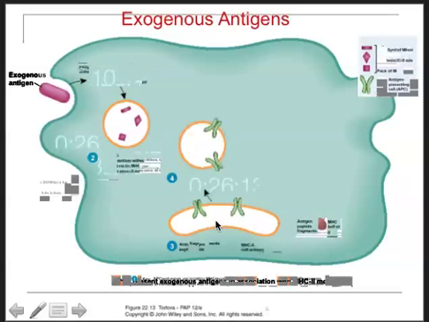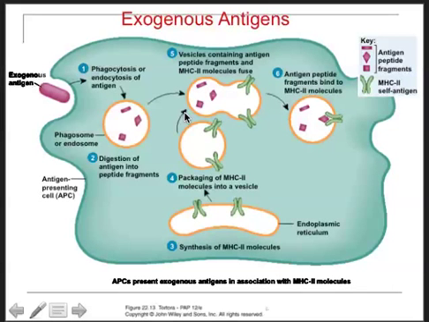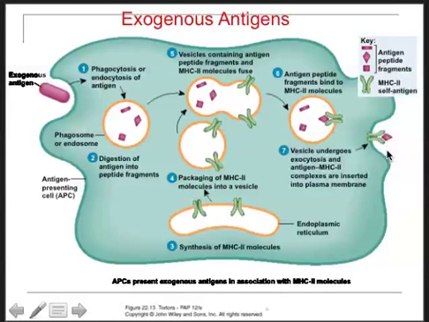We then fuse the MHC molecules with the digested peptide fragments, and then this whole complex is going to be moved towards the cell membrane, where the MHC complex and the antigen are presented together.